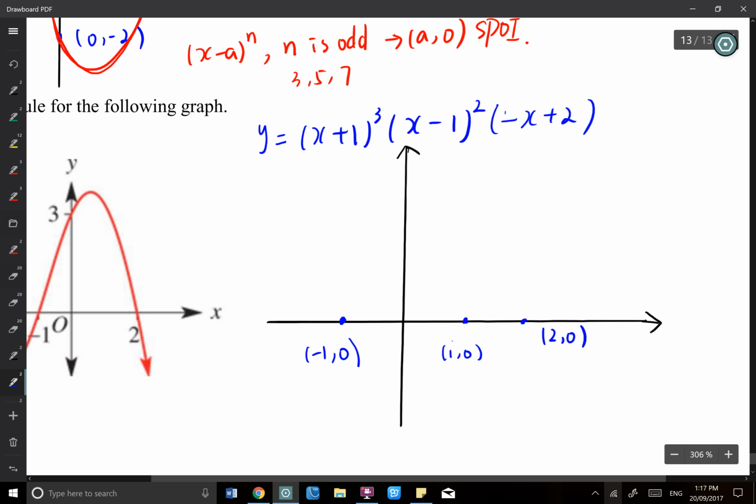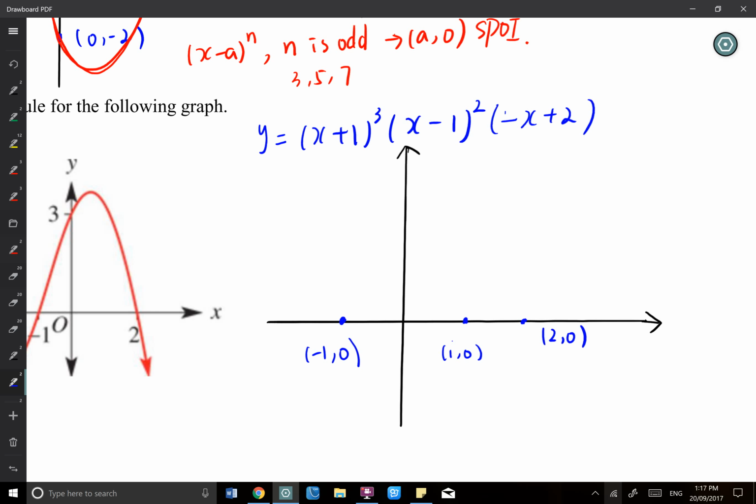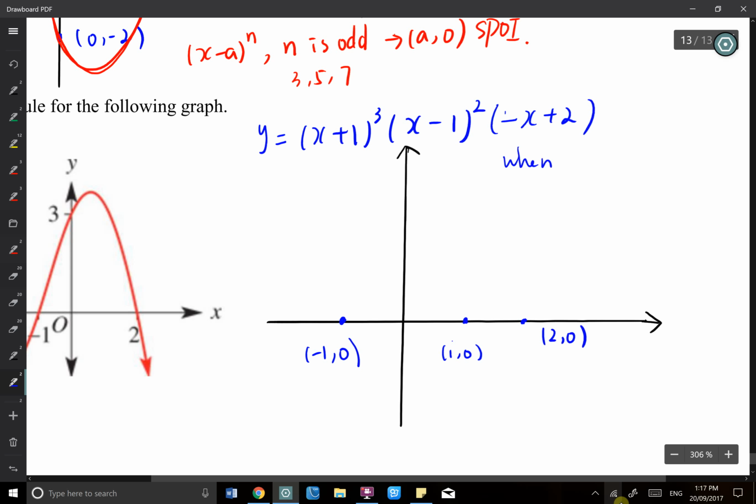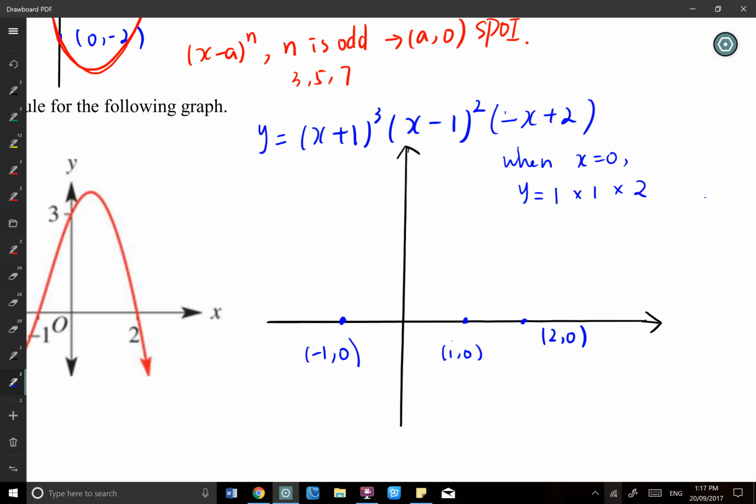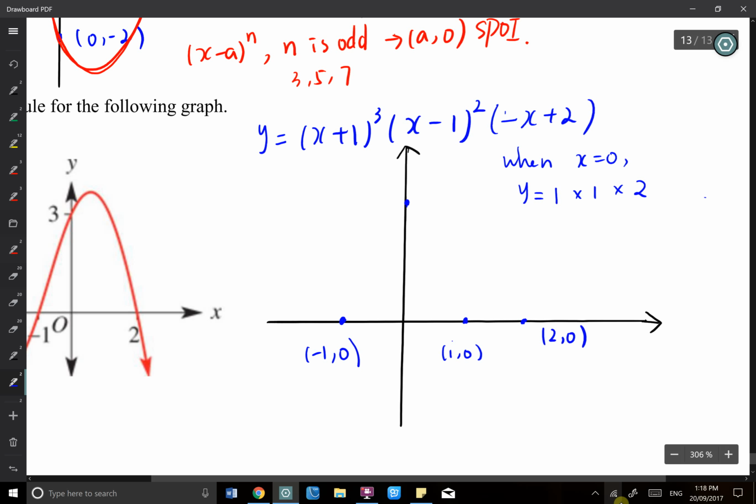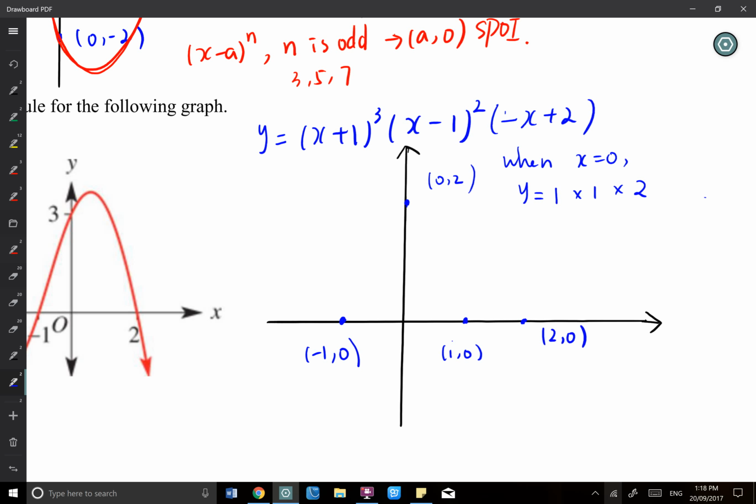You solve that equal to 0, and that's what you have. The y-intercept is when x equals 0: y will be 1 times 1 times 2, and that should give you 2. So (0, 2) is the y-intercept, and it is here.